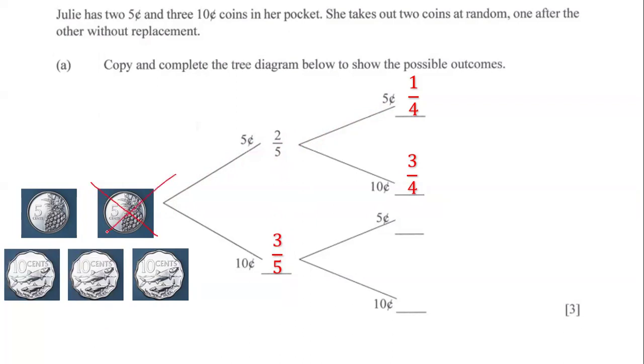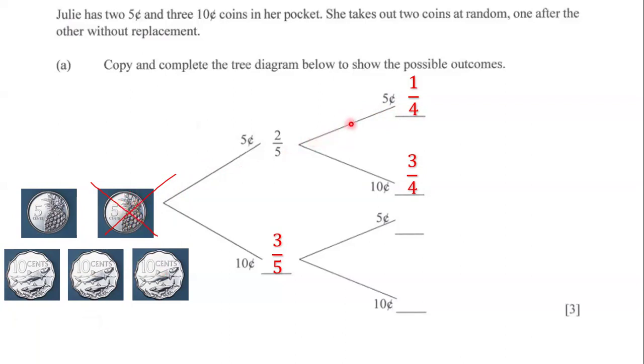She does not replace it, because she takes one after the other without replacement. And so when she's about to take this next coin, how many coins does she have to choose from? Well, she only has four coins to choose from: 1, 2, 3, 4. She cannot choose this particular one because it's not there. She doesn't replace it back.